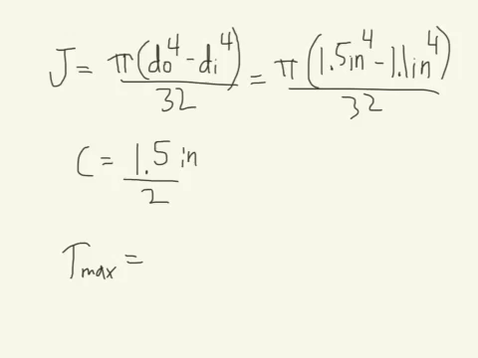And to find the maximum shear stress, well, that's just given to us in the problem. We know our torque is going to be whatever torque we have to use to create this maximum shear stress of 12,000 psi. And that's just given in the problem.